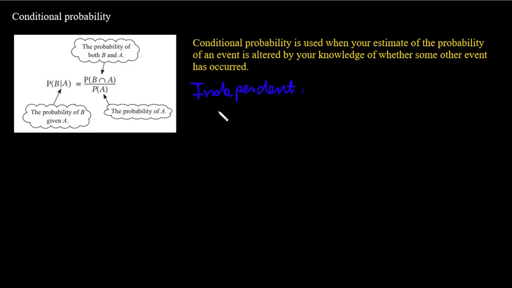For independent events, A and B are independent, so whether event A occurs or not, event B is not affected.